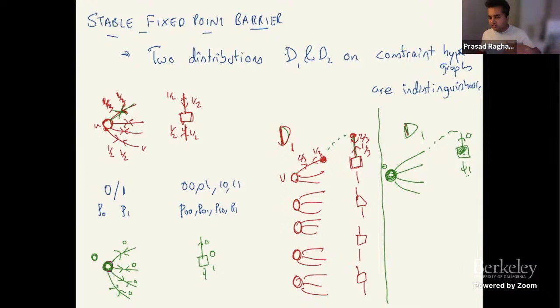Maybe the naive one is not stable, but there may be other ones which are stable. And are they really bottlenecks for recovery or not? We don't know. Maybe your algorithm never reaches that point, so it never needs to get out of it. It's very unclear what the situation is. So recovery seems to be very unclear.